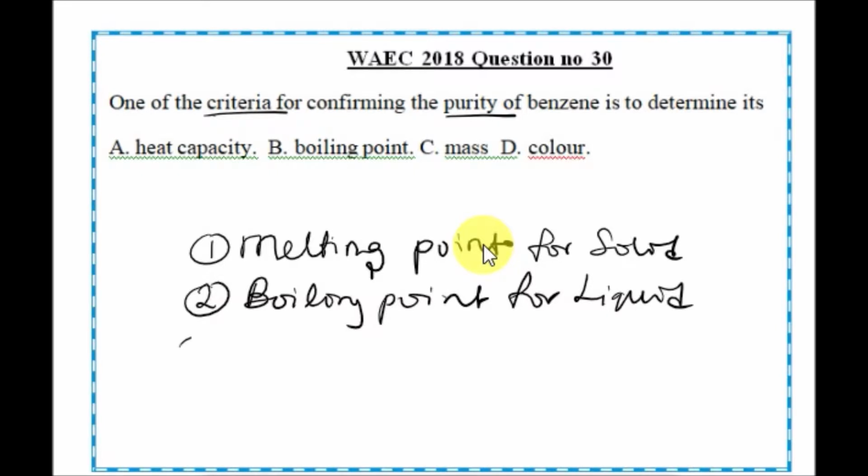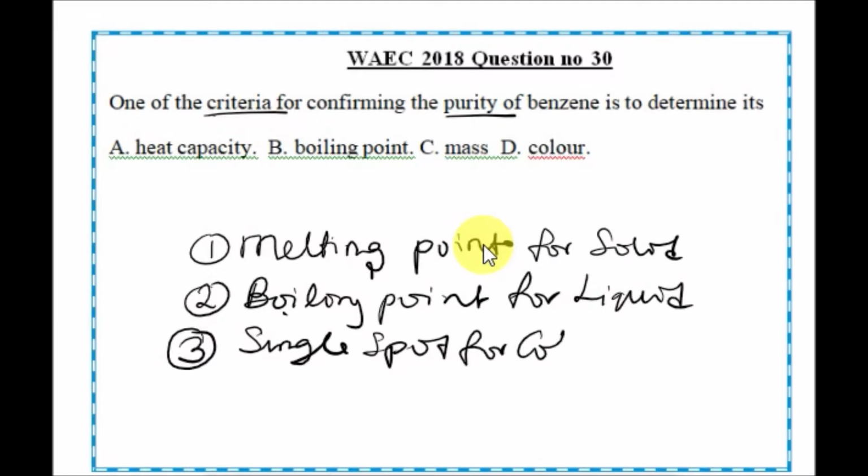And the third test for purity is what we call the color spot. There has to be a single color spot on a chromatogram. So we have color spot, and color spot is actually for colored materials like dyes and the rest.